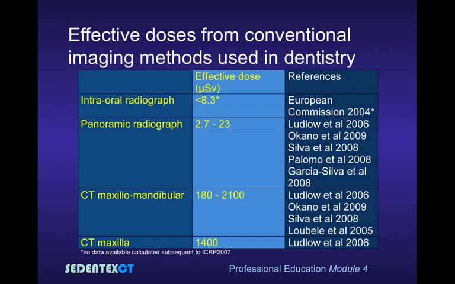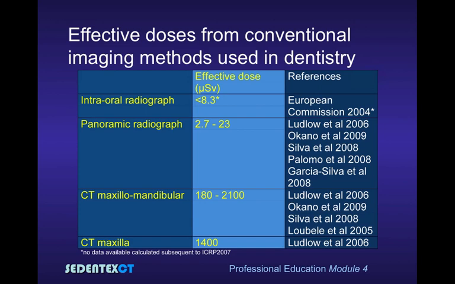Okay, that's the background. Let's look at some actual figures. The figures on the screen here are from the review of effective doses from conventional imaging methods included in the Sydentex Provisional Guideline document published in 2009. Ranges of dose are given because these are taken from several different publications. The unit of dose is the microsievert.